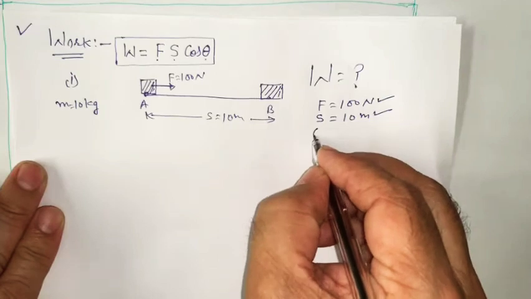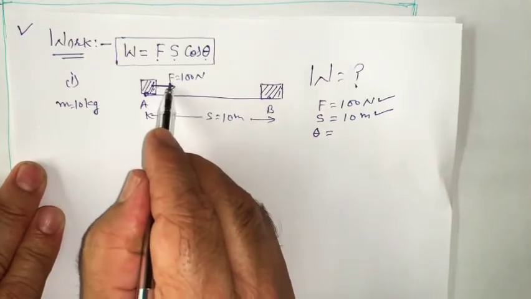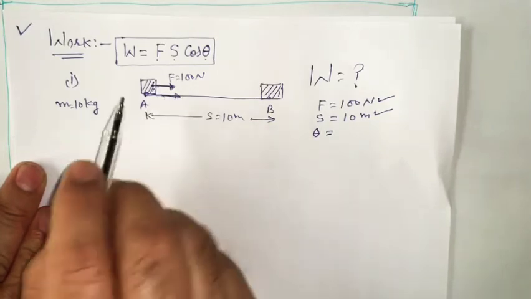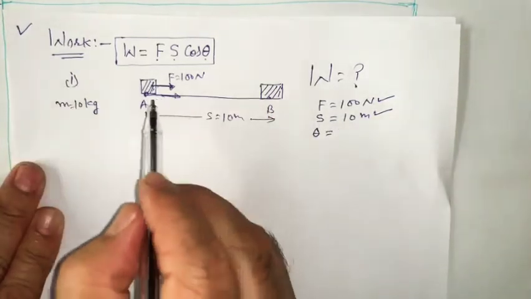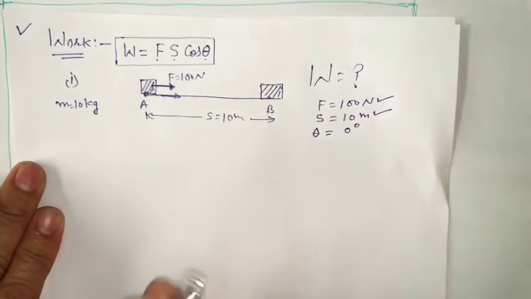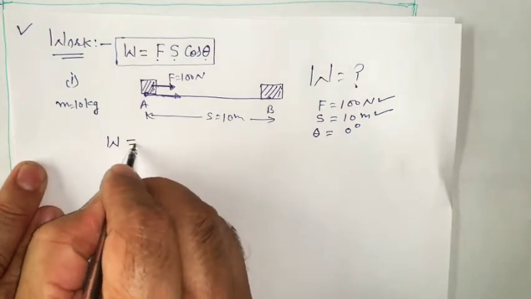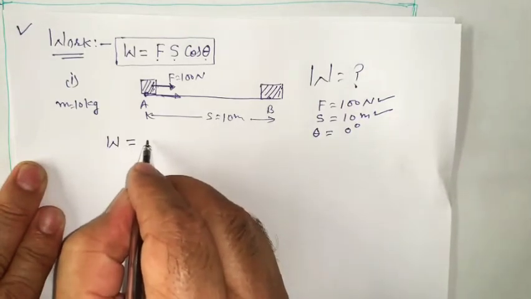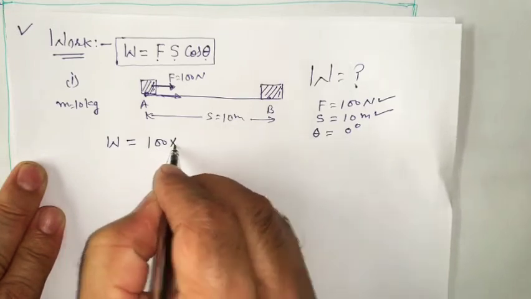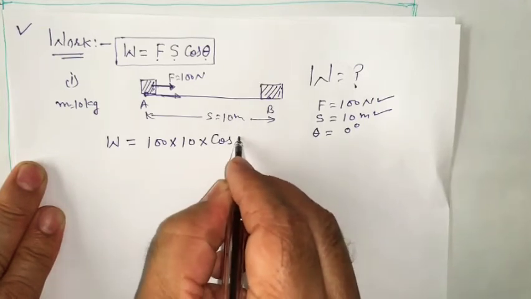Then we know about angle theta. Now here displacement and force are in the same direction, both parallel to one another, so theta is equal to 0 degree. So solving the numerical: W is equal to F, that is 100, into S, 10, into cos 0.